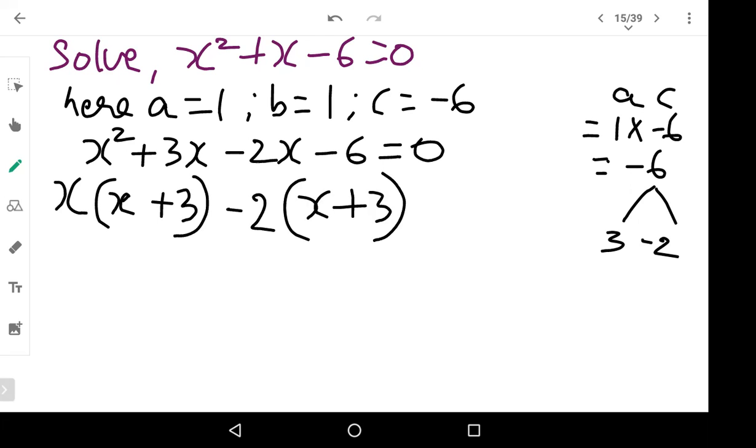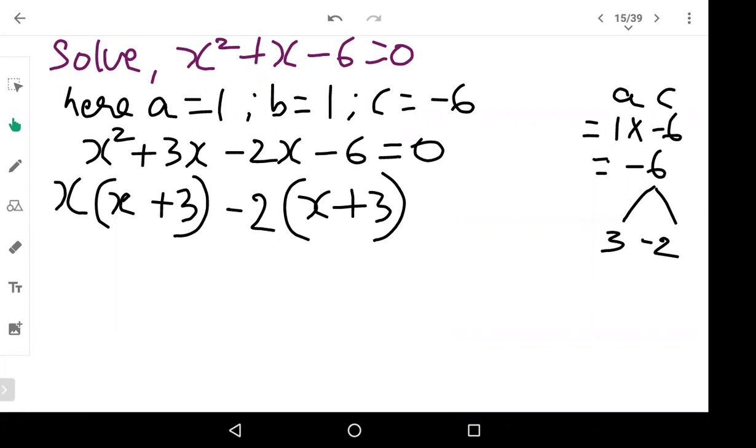How do I get to know I have to take -2? Now if you see here, -2 into 3 is -6. So if I take out -2, later if I want to multiply, -2 into 3 is -6. I will get back the answer.